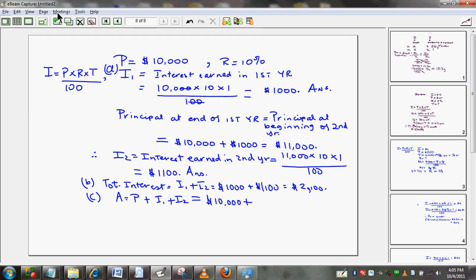I1 plus I2 was $2,100. So 10,000 plus $2,100 would give you the answer. And that works out to be exactly $12,100. Okay, any questions with that so far? That makes sense? Okay.